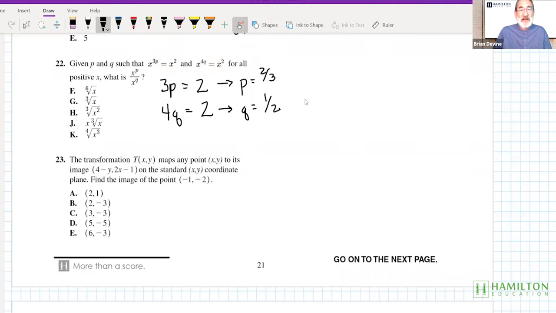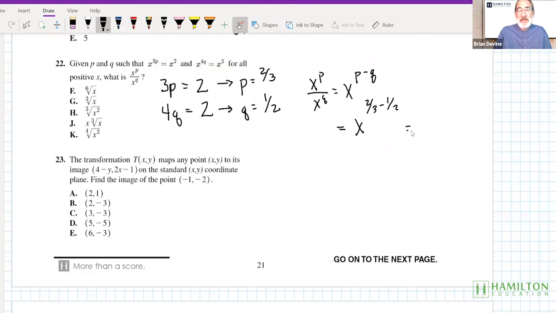So we must have then that x to the p over x to the q, which by the quotient rule is x to the p minus q, must equal x to the 2/3 minus 1/2.